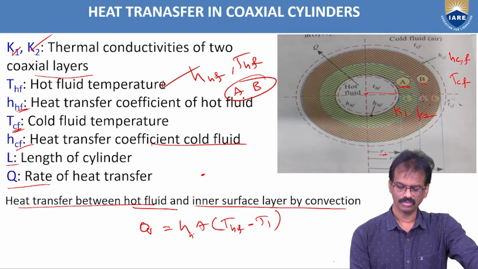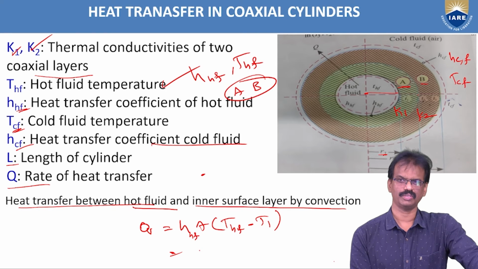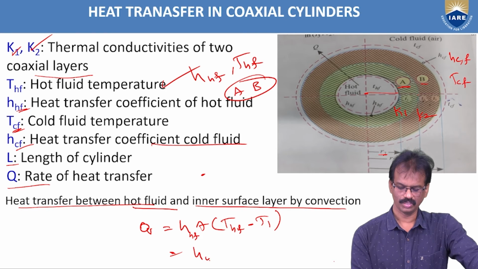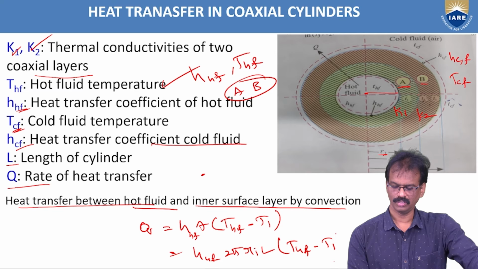H is HF. You know the area also, because the length and inner radius are given. So Q equals HF times 2 pi R I L times THF minus T1.